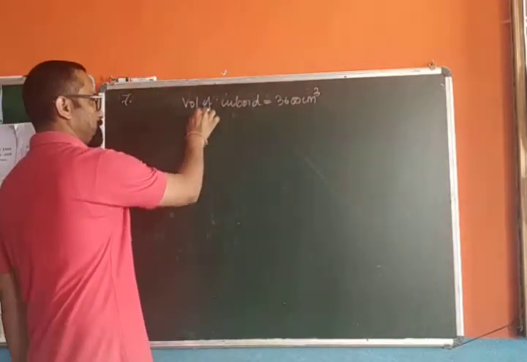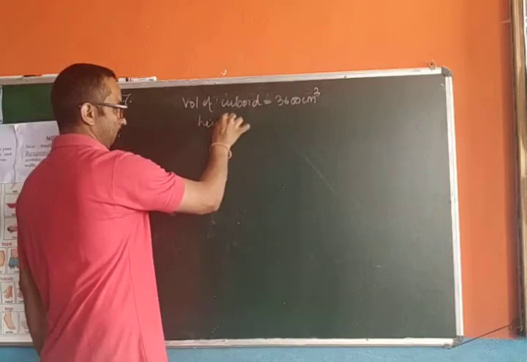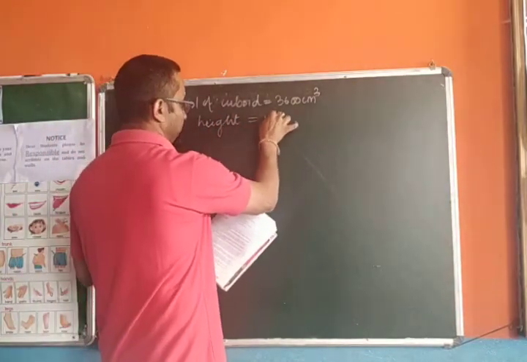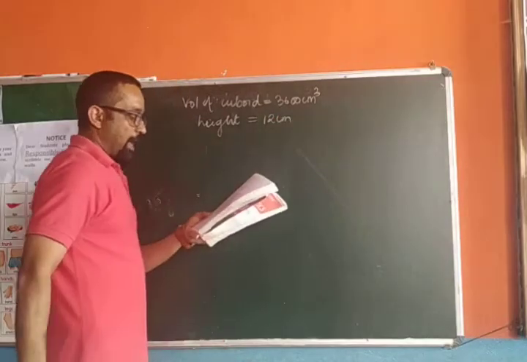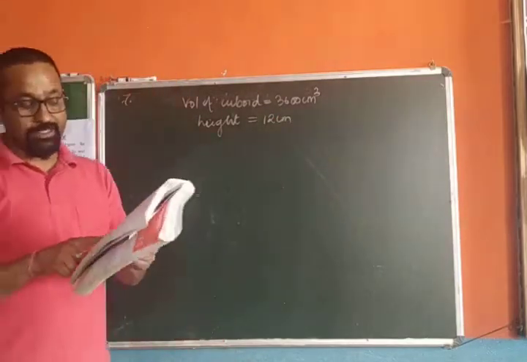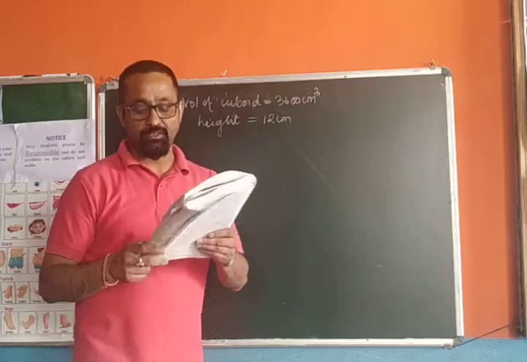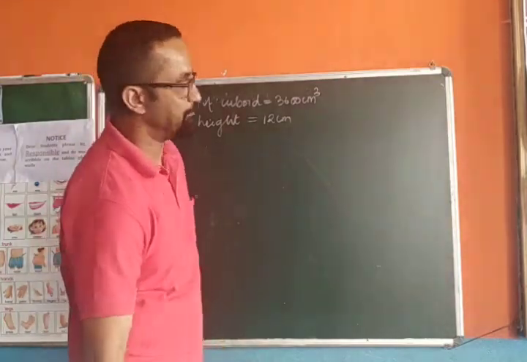Height is given. Height is equal to 12 centimeter. And question says that cross section is in form of rectangle whose length and breadth are in the ratio 4:3.